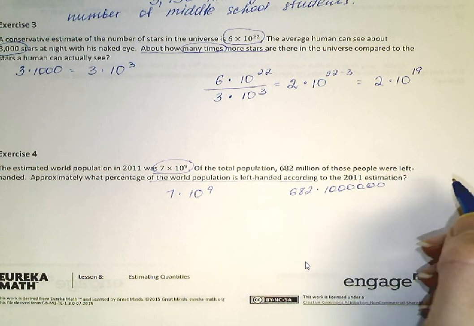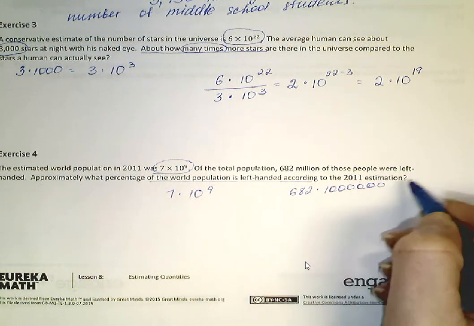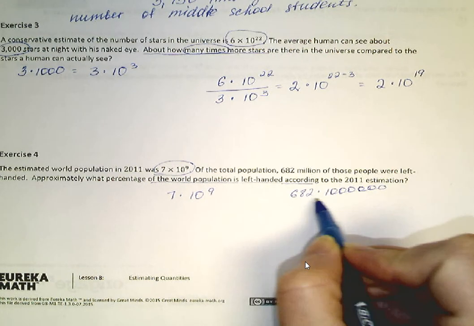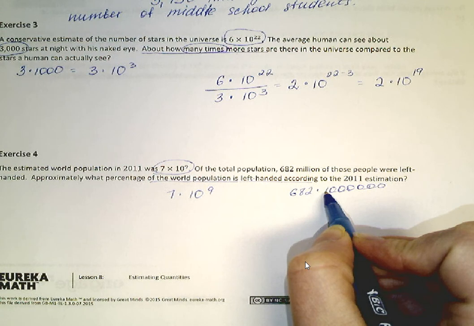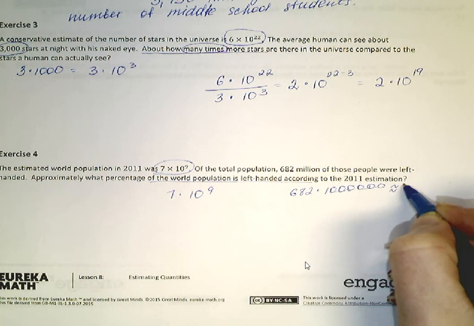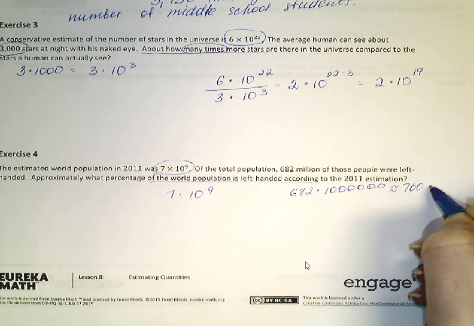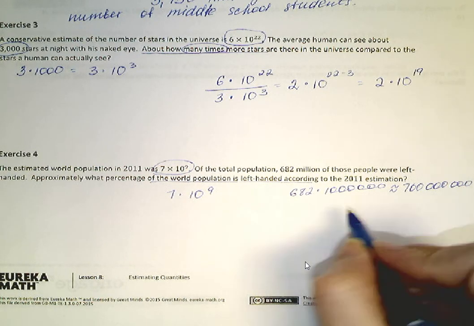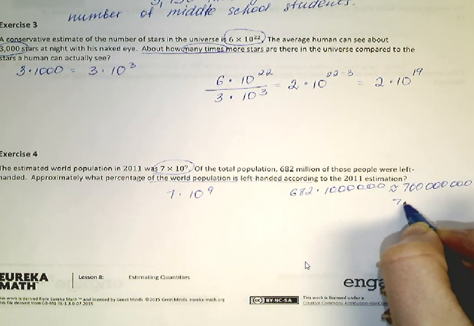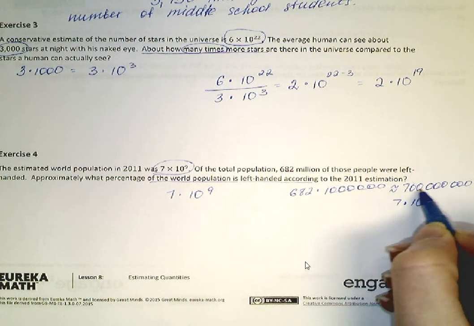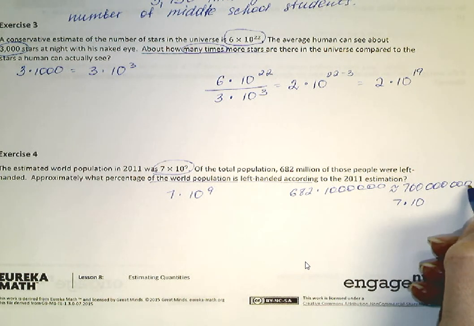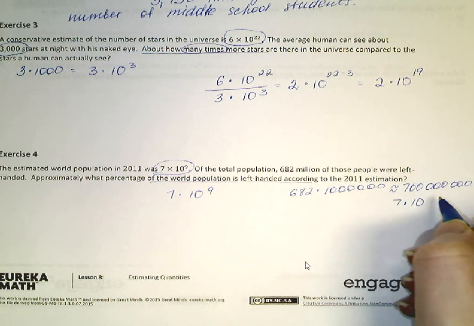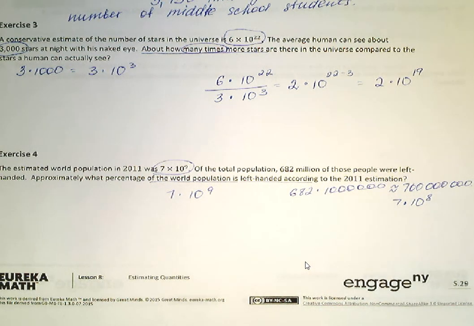So 682 million is going to be about 700 million, right? And that is 7 times 10 to the 8th power, because I have 8 zeros in here. So 7 times 10 to the 8th.